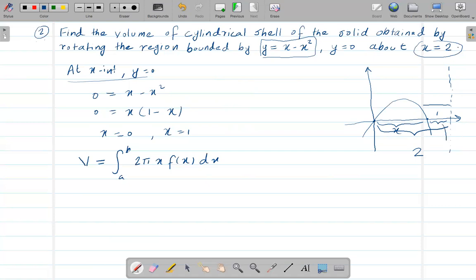This whole thing is 2, and when you subtract this x, we get 2 minus x. So that's why we have the new radius, which is 2 minus x. All right, so understand the graph.